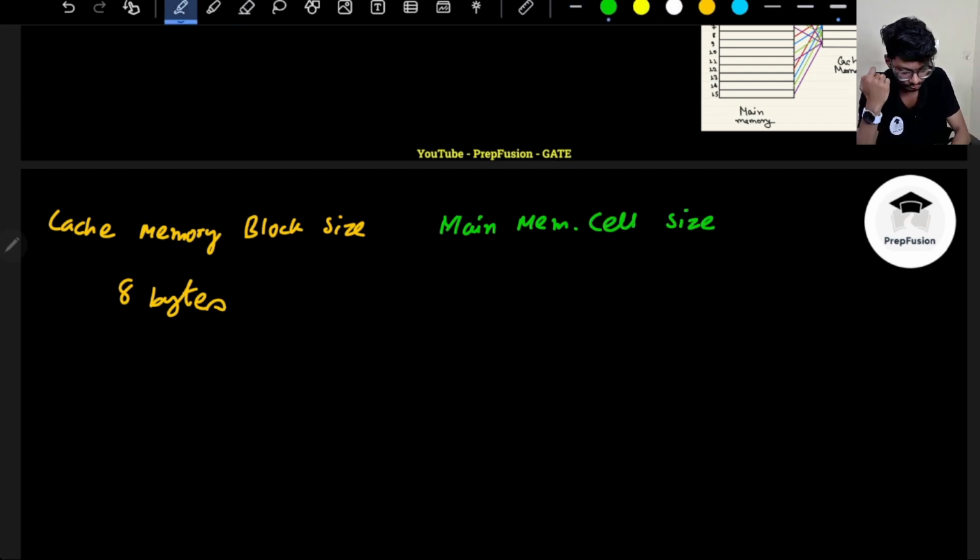So let's assume that a single cell of main memory is 1 byte. So how much time will it take to do the data transfer?